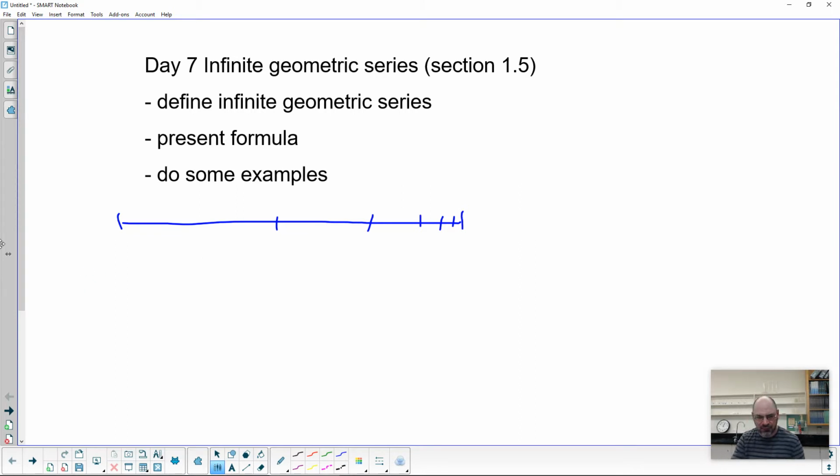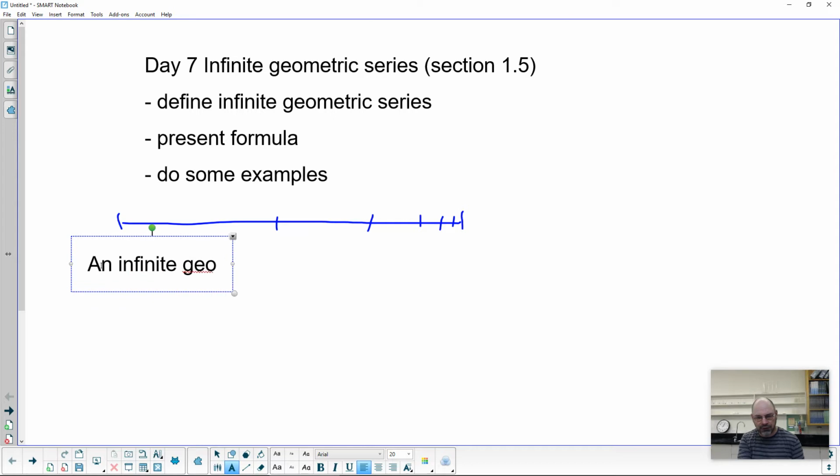So if we say infinite geometric series, what do we mean by that?